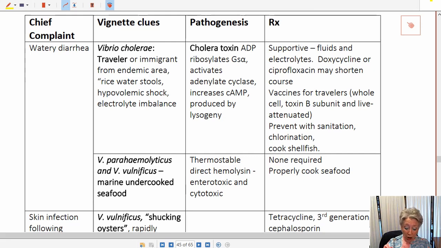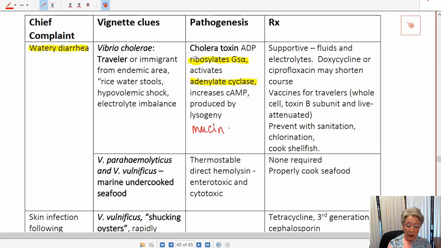Now, Vibrio cholerae is an agent of extreme watery diarrhea. The toxin, if you recall, ribosylates G sub S alpha and activates adenylate cyclase, so I get the fluid loss that you would anticipate. Realize it also is a mucinase producer.